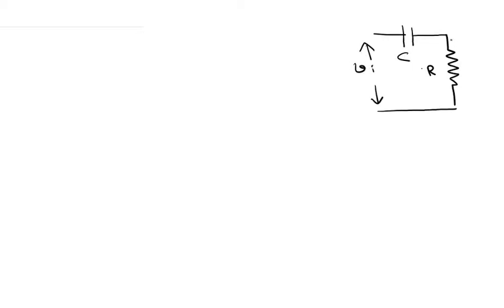Similarly, we can do the analysis for the high pass filter also. So let us consider this combination, which is basically a high pass filter, and this is the capacitor C, this is the resistor R, this is Vi here, and then here is the output voltage V0.